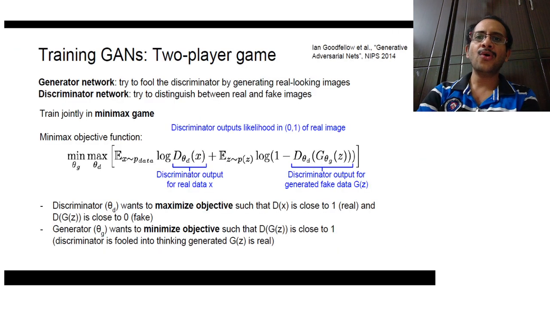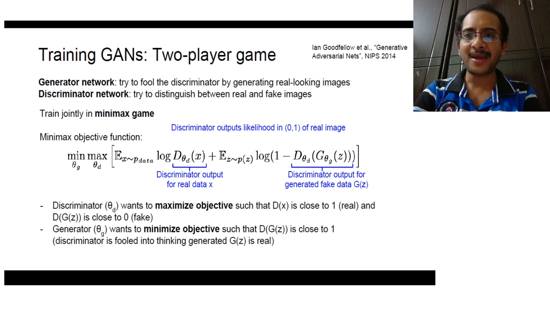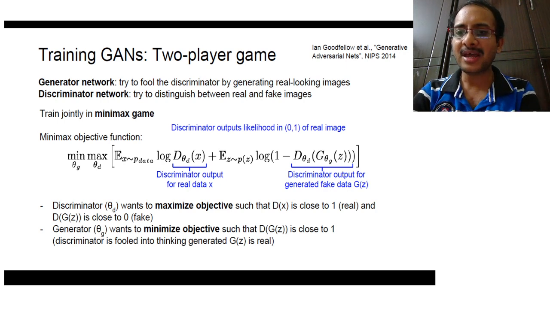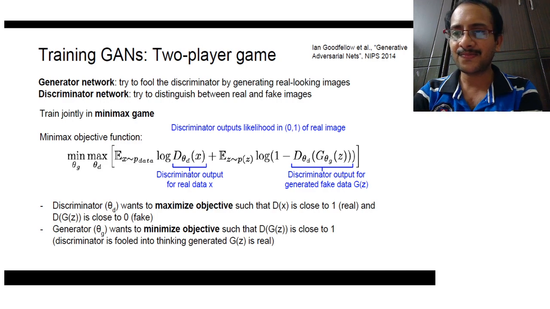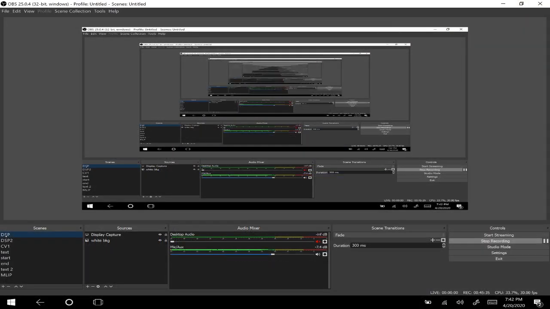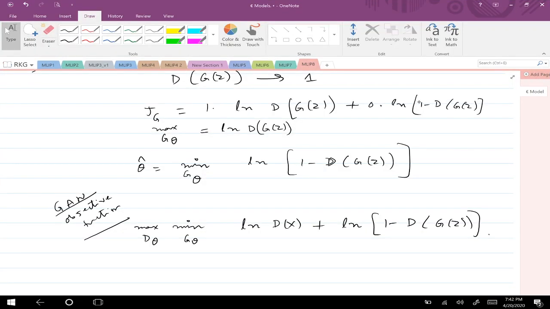As discussed before, this is the cost function that is optimized in GANs. Please note that there is also an expectation term here, which we need to consider, because if we consider one sample, the cost function is what we have written.